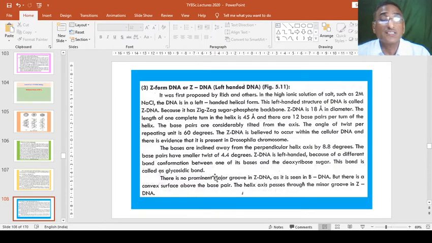Now we will see the third one, the Z form DNA, or generally called Z DNA. As we have seen, these were the right-handed coiled structures. Now Z DNA is a left-handed DNA coiled structure, and it was first proposed by Rich and others.